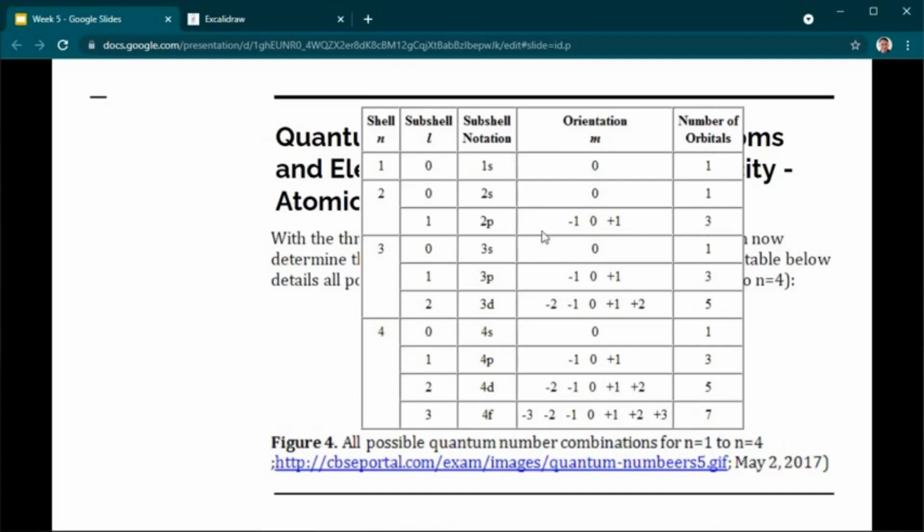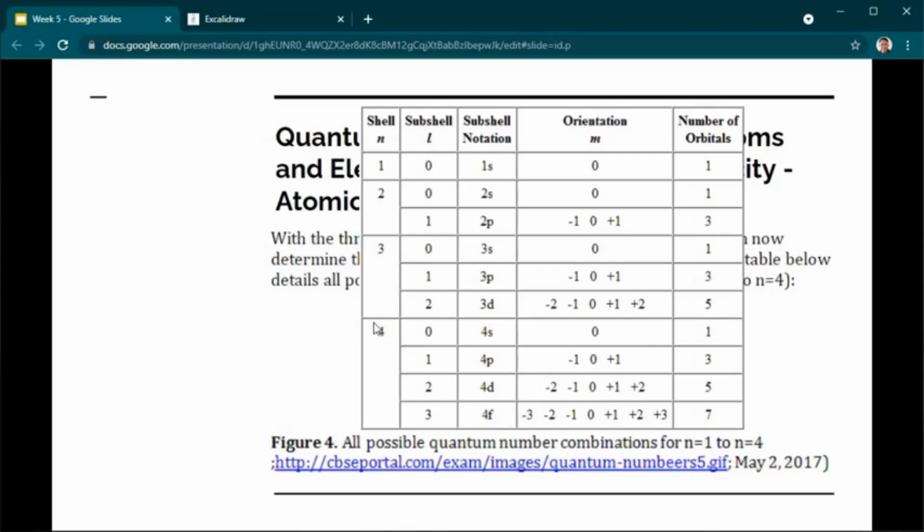Okay? Now let's proceed to n equal to 3. We have an additional subshell here, which is 2. Sorry. So l equal to 2 will be denoted by letter d, and then negative 2 to positive 2, so the number of orbitals will be 5.